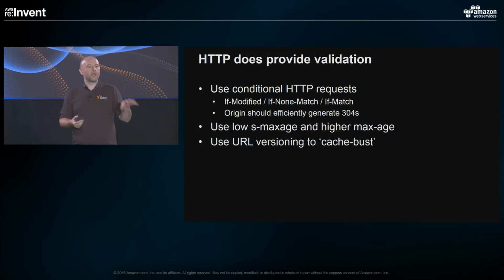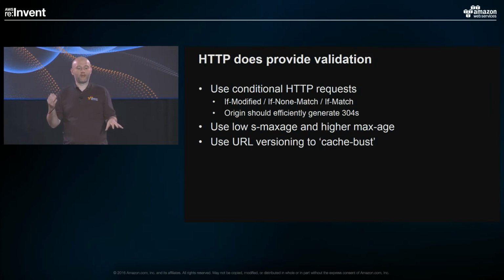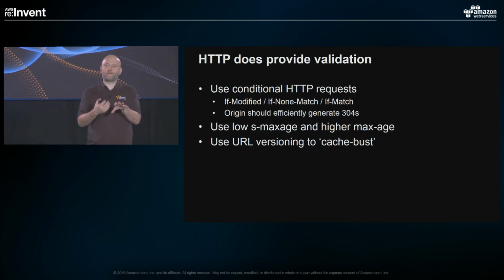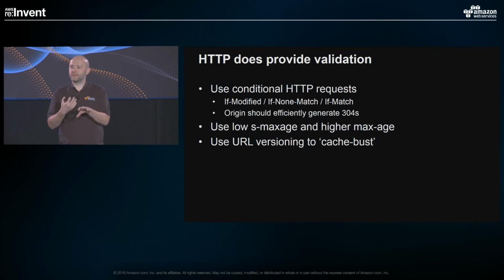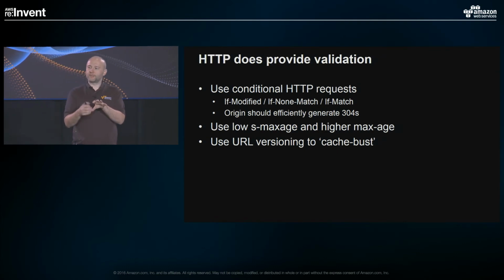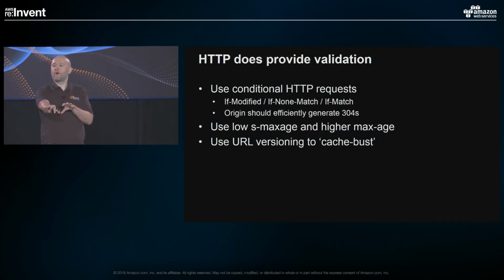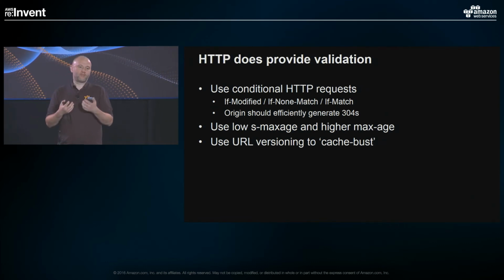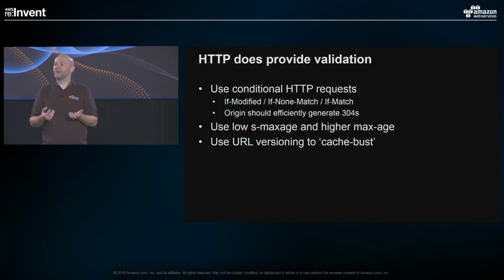Another concept is to use a lower s-maxage and a higher max-age. As we mentioned before, CloudFront supports s-maxage. This gives you the ability to refresh content on the edge locations on CloudFront, but you can still keep the content for longer in the client browser, in the client caches. So that works quite well if you've got content where perhaps it doesn't matter if users are looking at the old version.